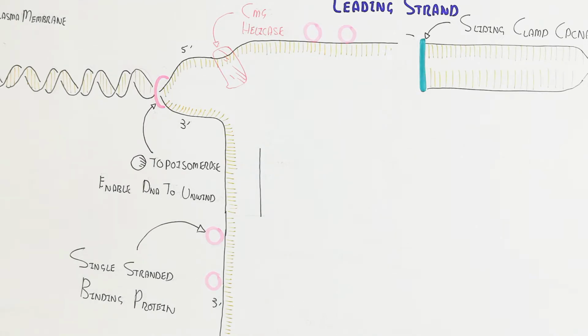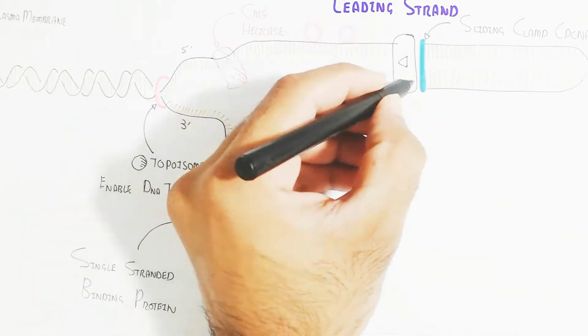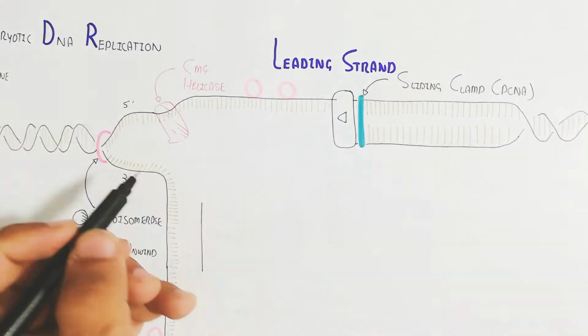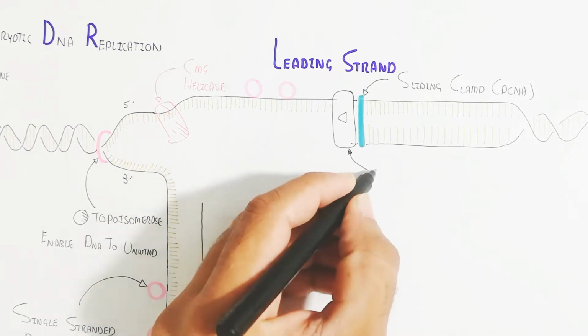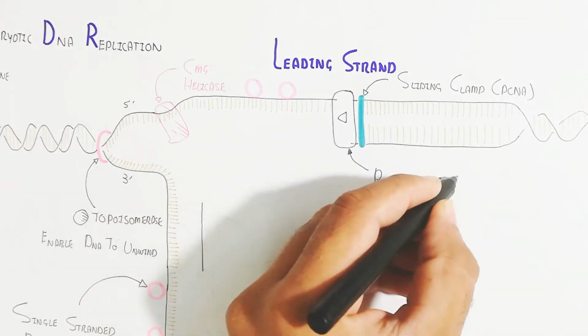So this is the CMG helicase enzyme, used to unwind the helical structure, while polymerase epsilon is the primary leading strand polymerase.